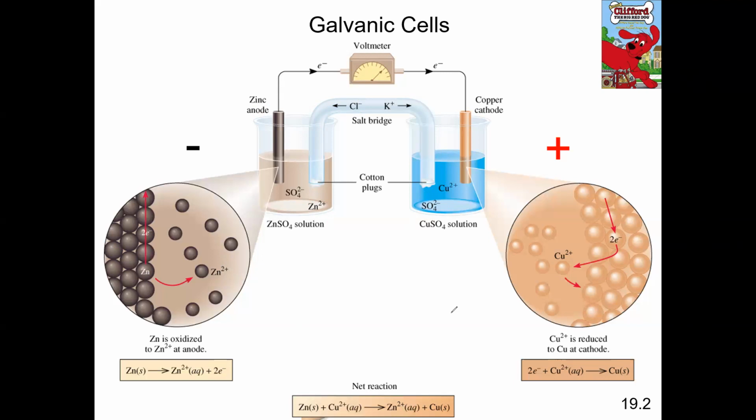And which compartment is the reduction compartment? Dhruv, which compartment is the reduction compartment? This particular cell has two compartments, anode and cathode. So which compartment is the reduction compartment? Cathode compartment. Good.